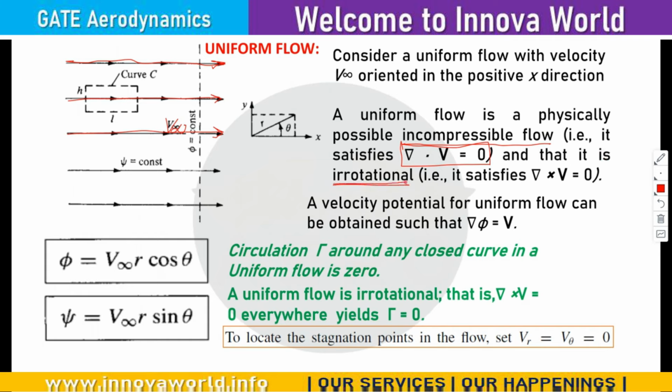To signify the irrotational condition in mathematical form, we can write del cross V equals 0, the curl of V. So this is both the mathematical as well as the physical significance. The uniform flow is always incompressible and irrotational.